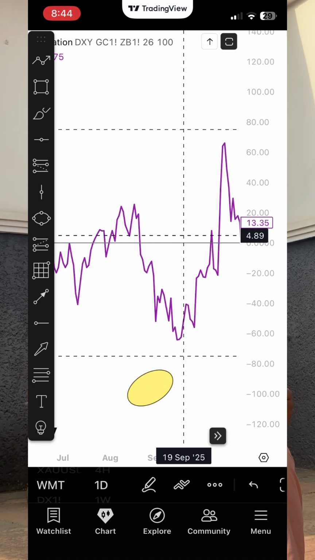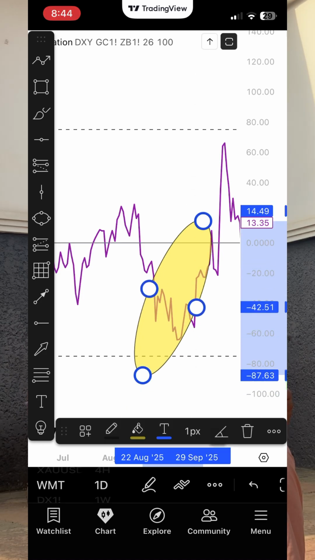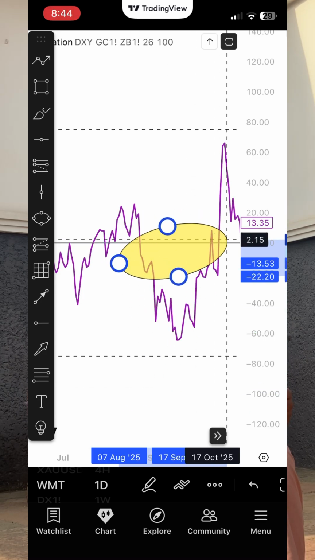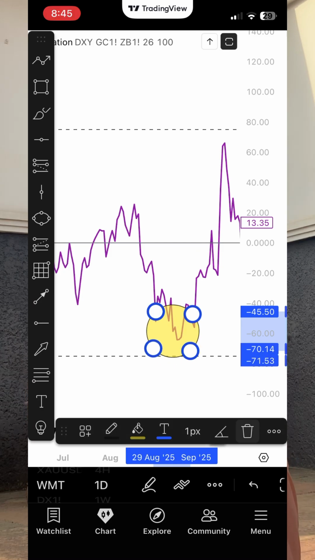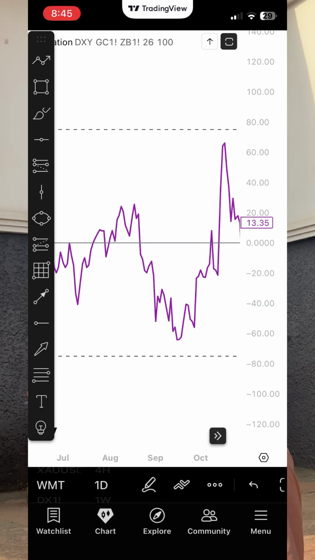Let me show you, this is the middle, this is mid-range. We are already below it, getting close to this undervalued level. So that was two different sets of valuation data aligning, plus seasonality.